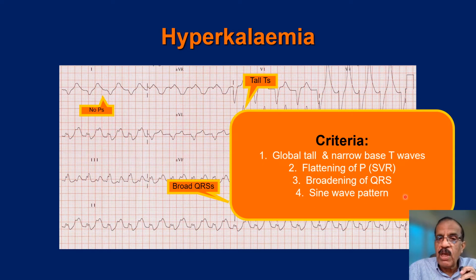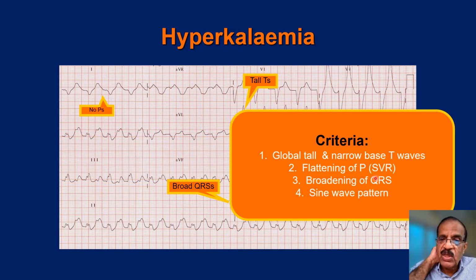And then broadening of QRS complexes, not to the extent of bundle branch block and not the extent of ventricular tachycardia, and sometimes a sine wave pattern. Sine wave pattern means that it becomes like up and down, up and down, as if the patient goes into ventricular fibrillation.